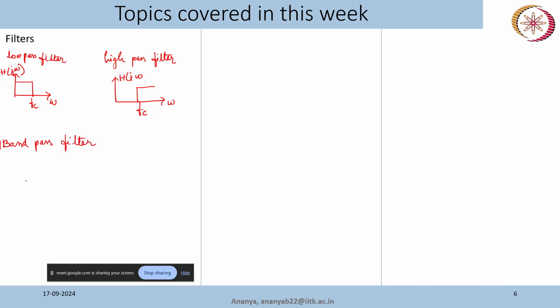So in band pass filter, a band of frequency is allowed to pass. So this is omega, so this is H of j omega, and it will allow to pass some frequency, say some f1 to f2. In case of band stop filter, it will not allow certain frequencies to pass.